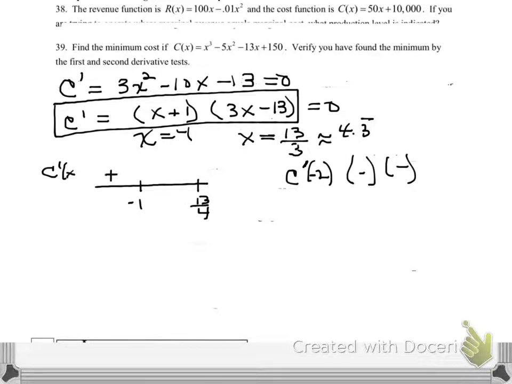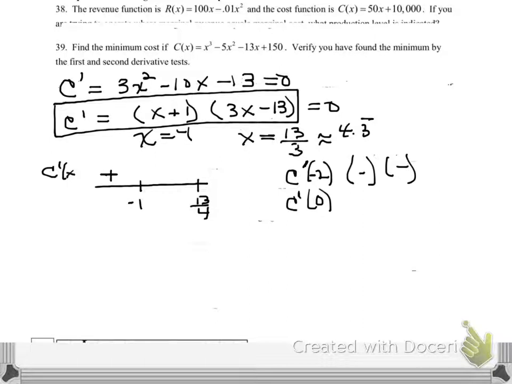So when I plug in, I would get a positive value right there for all the numbers to the left or below negative 1. Okay, the easiest critical value to test in between negative 1 and 13/3 is 0. So take the 0 and plug it in. So I'm going to find C prime of 0.